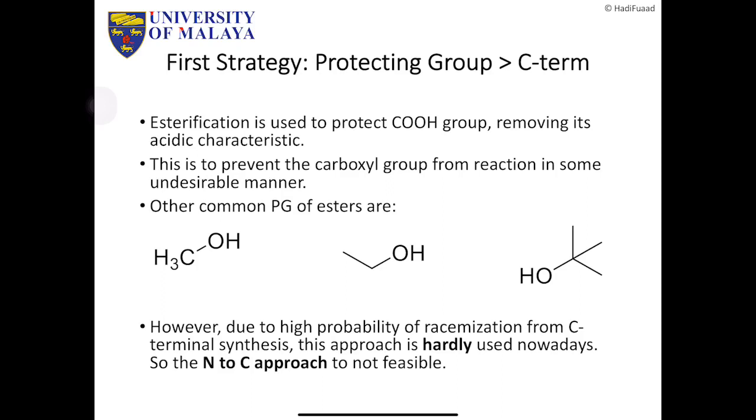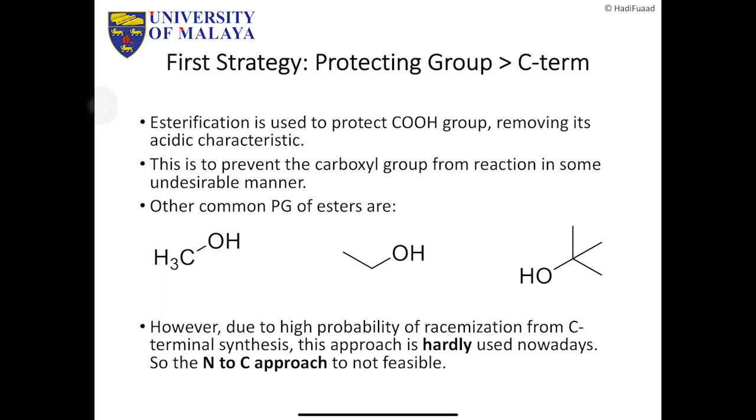So esterification is used to protect COOH, removing its acidic characteristics, thus preventing the carbonyl group from reacting in some undesirable manner, which can be anything.